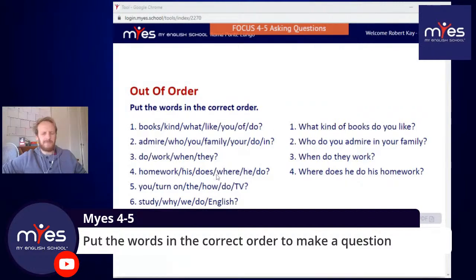So what do you think? Could you put the words in the correct order to make a question? So we'll look at number 5. What do you think the correct question is?